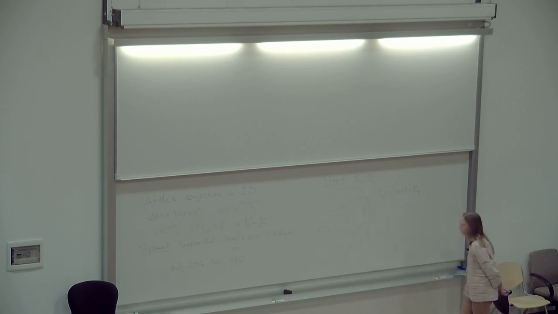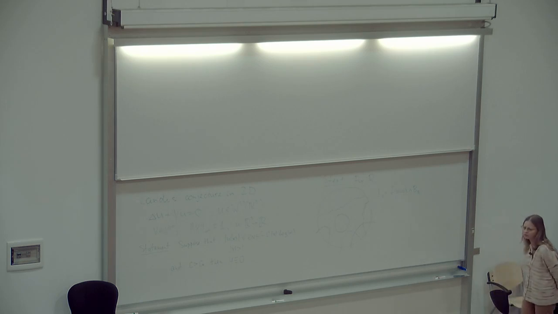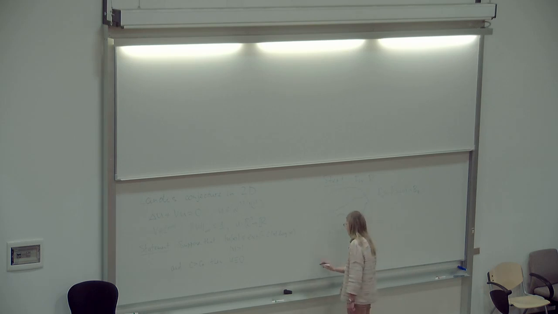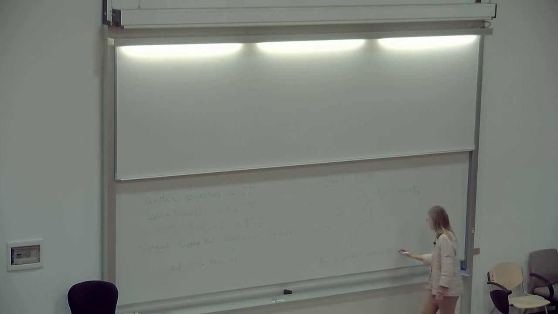And the first step is to create some holes in our domain, because our aim will be to find another solution to our equation in some subdomain of this large ball.